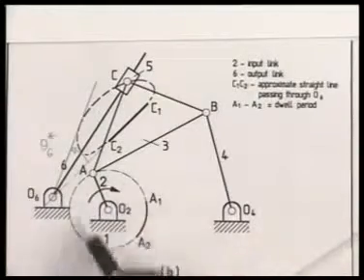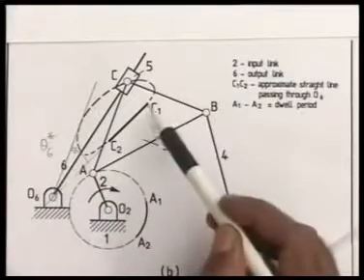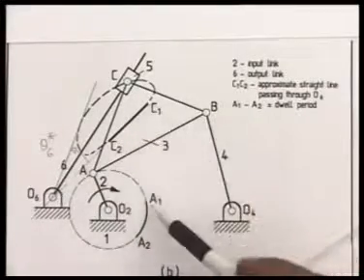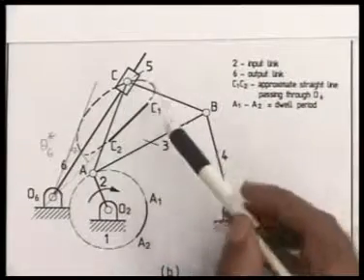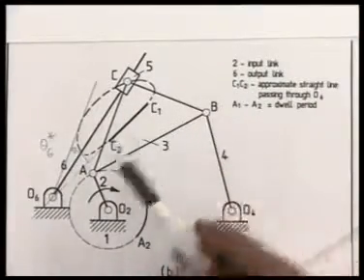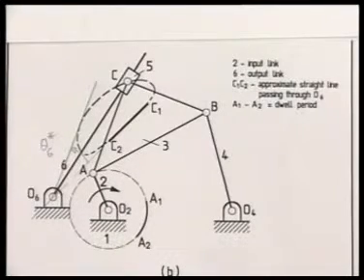And during continuous rotation of the crank of this 6-link mechanism, the output link 6 undergoes a dwell period when the crank pin A moves from A1 to A2, that is, the coupler point moves from C1 to C2, and it swings through this angle theta 6 star. Let me now explain this with the help of a model.